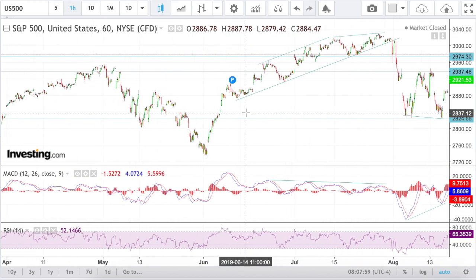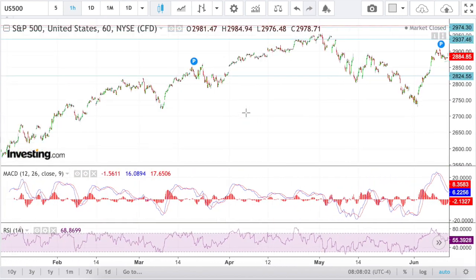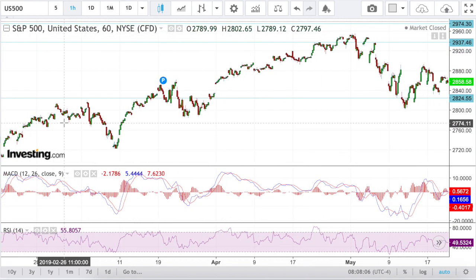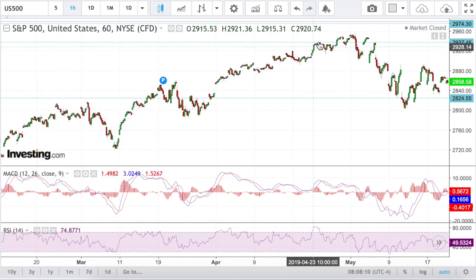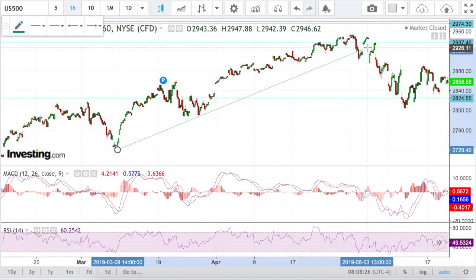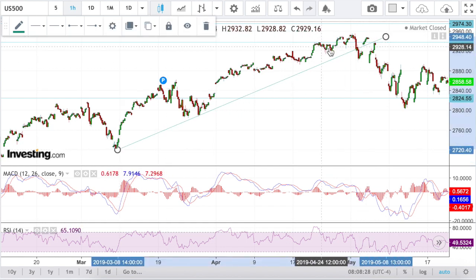We can take a look back at February, March. We had divergence throughout this entire period, from February all the way to the end of April. You can see that the MACD is making lower highs while the price is making higher highs, and we were just grinding up without any correction until we obviously failed, and that led to a small correction.